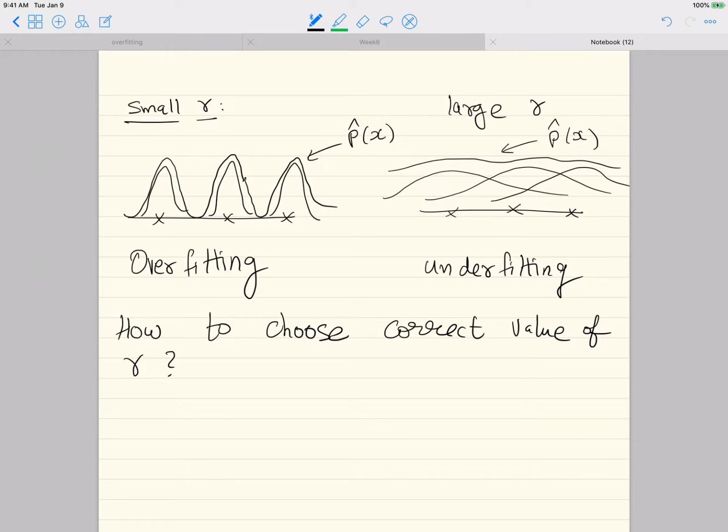Maybe we gradually tweak r and then check your validation as well as your training and see if the difference is too huge. If it's very, very huge, then probably increase your r. So what are you going to compute? We said difference, right? But we haven't even said what the loss function is here.